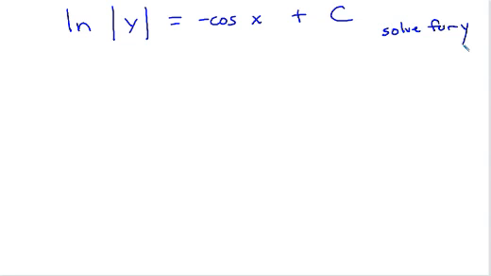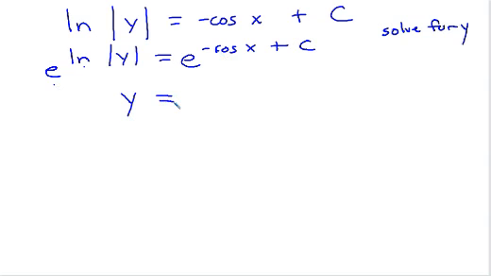We're going to raise this as a power of e on both sides. And what that's going to do on the left-hand side is get our y by itself. On the left-hand side, e to the natural log of the mess is just the mess. So that gets my y by itself.